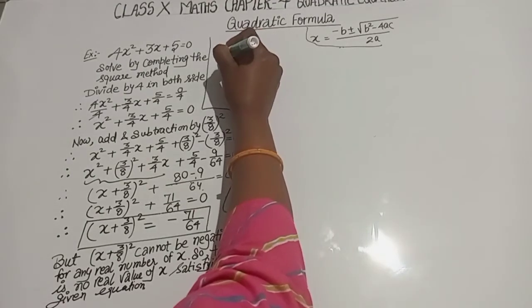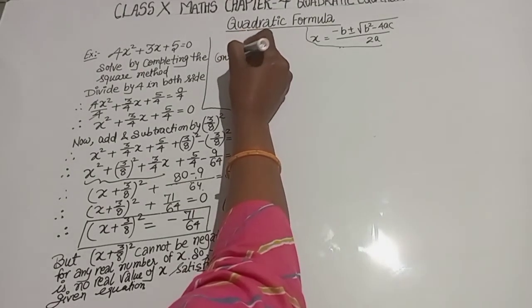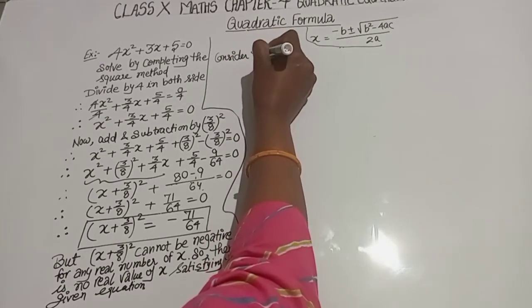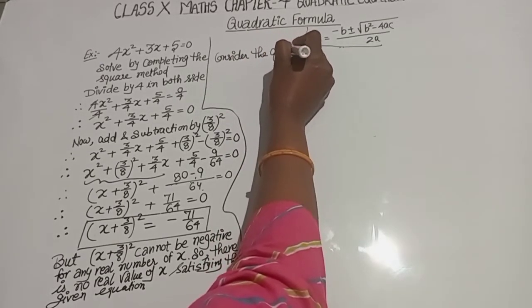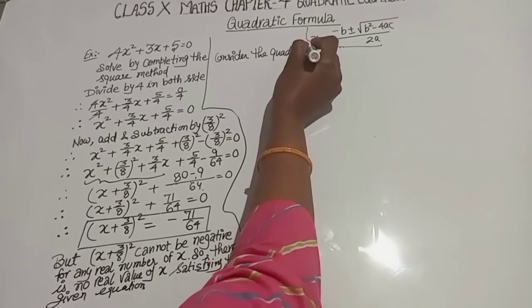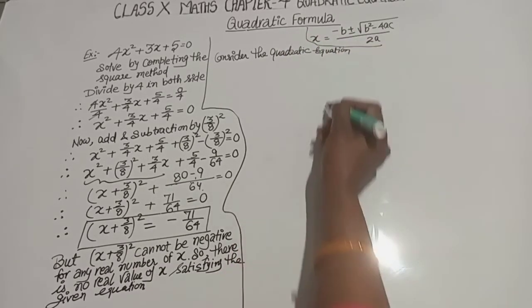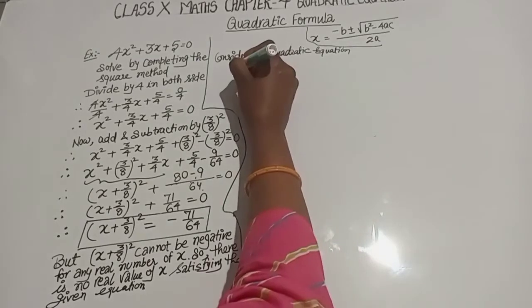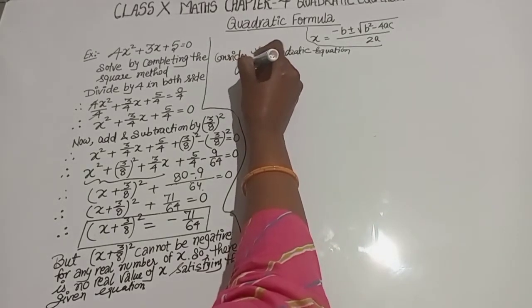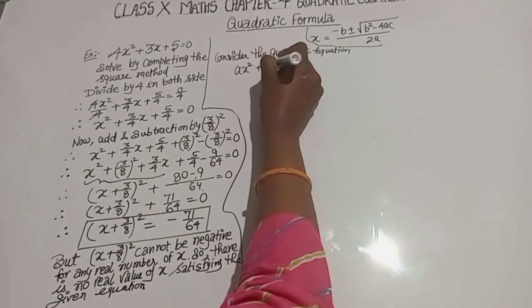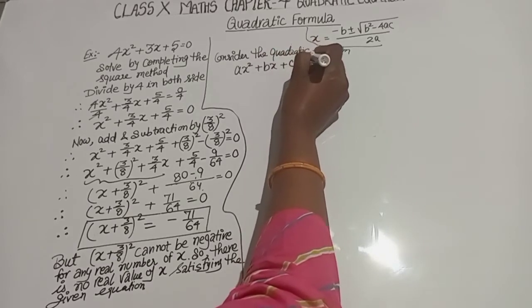Consider the quadratic equation ax square plus bx plus c is equal to 0.